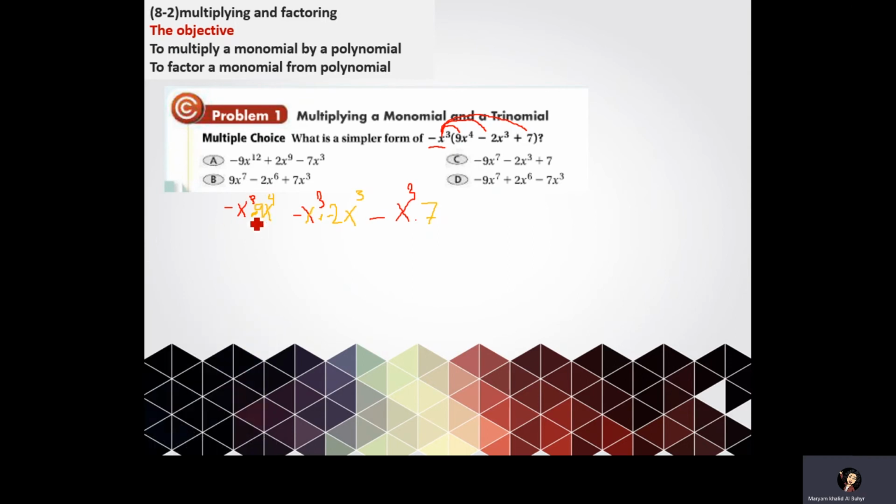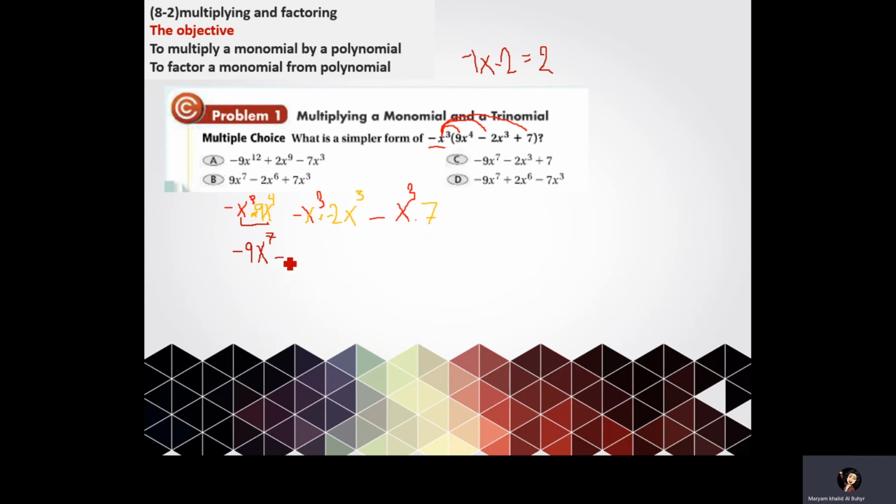Here they are the same base, so I'm going to add the powers. The coefficient is -1 times 9, so it's -9, x to the power, same base, add the powers, 3 plus 7, x to the power 7. Here I have minus and multiplication, -1 times -2, it's +2, isn't it?